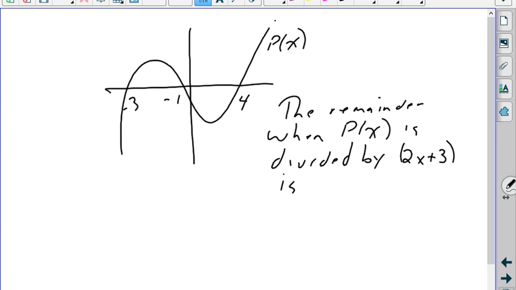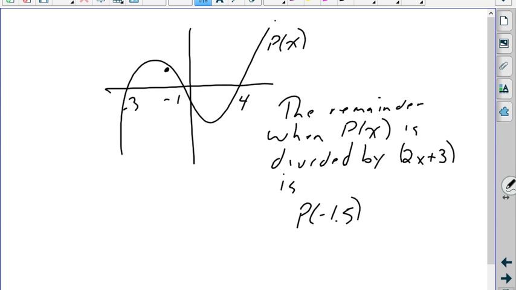Right now I can only say that when I divide it by 2x plus 3, I'm going to try to evaluate that function at negative 1.5. If I wanted to know the remainder, I would go over to negative 1.5, I would go up, and I would find what my value is at that point.